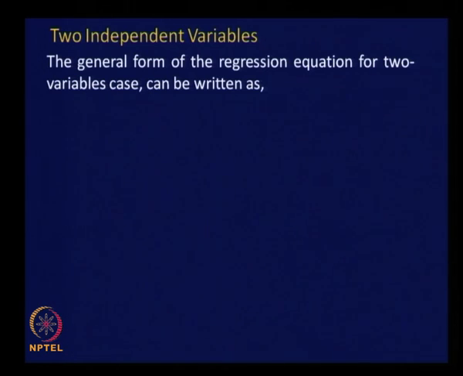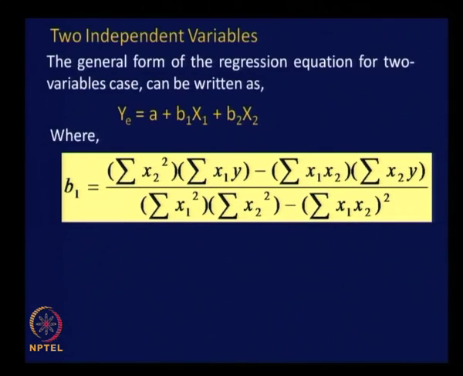I will just show the equation for the 2 independent variables case: y equal to a plus b1 x1 plus b2 x2. There are 2 independent variables x1 and x2, and if you look at the equations for calculating the regression coefficients, this is the equation for calculating the value of b1.